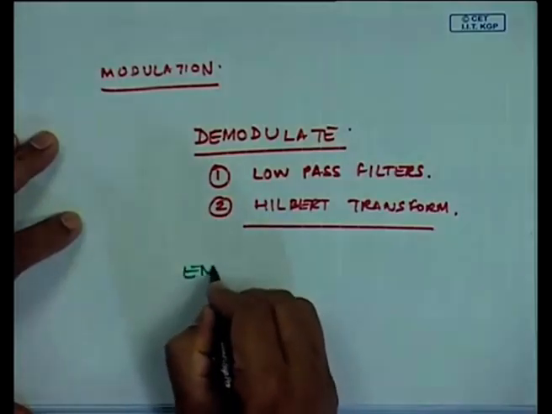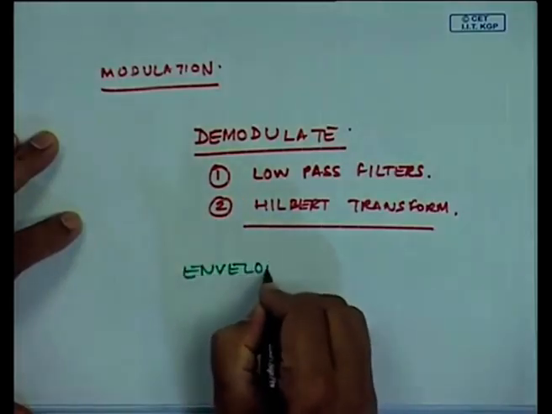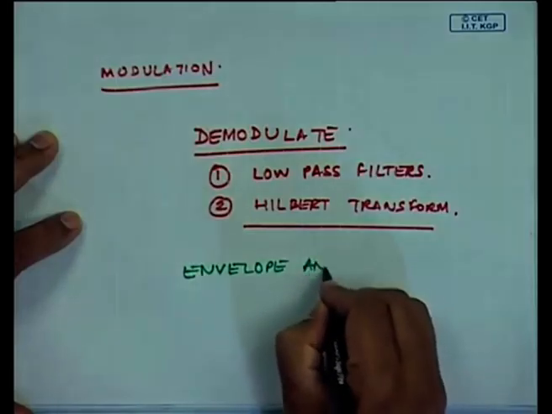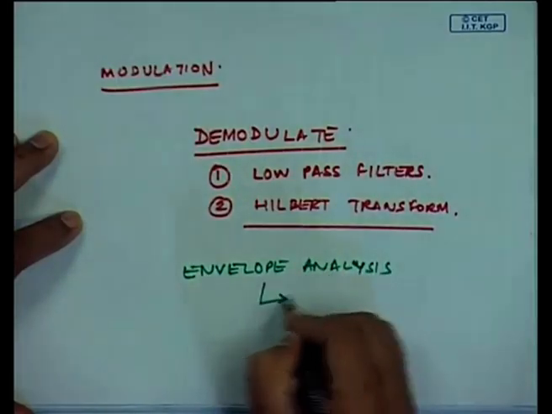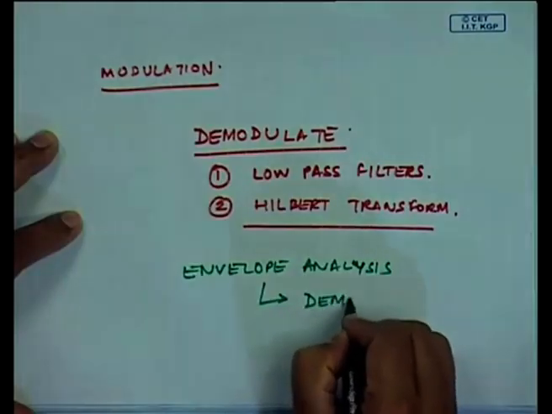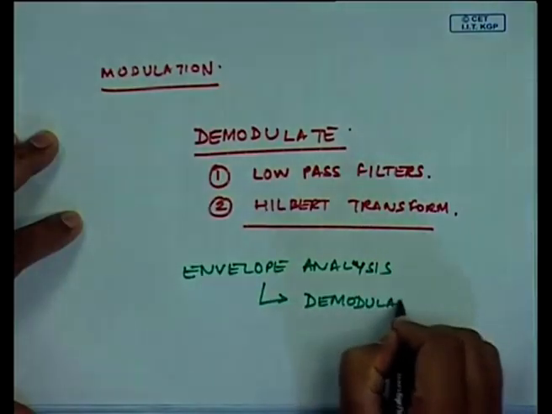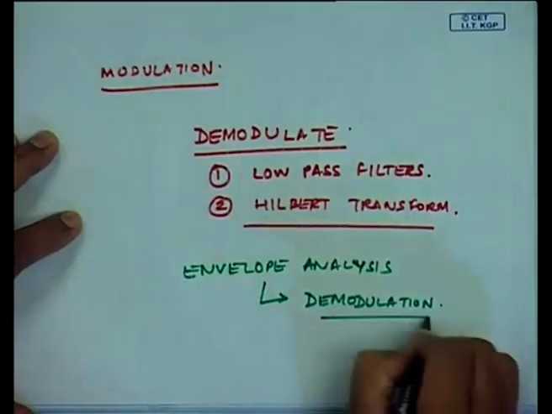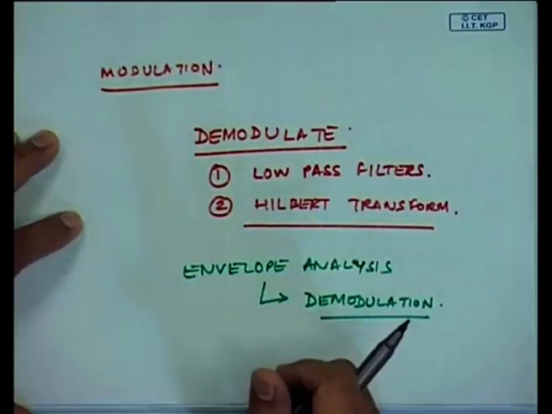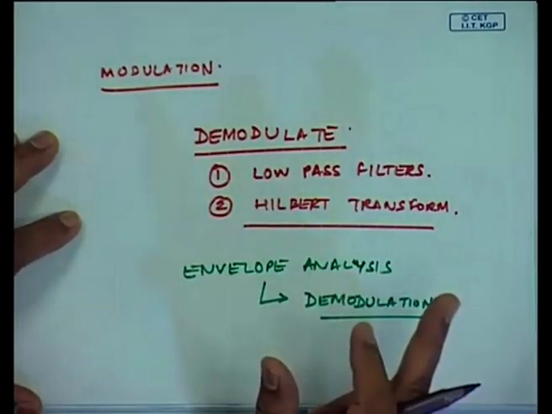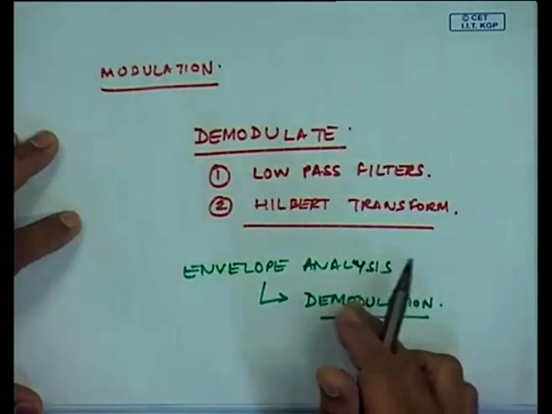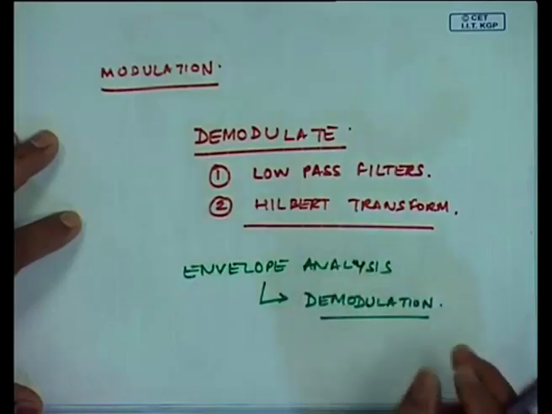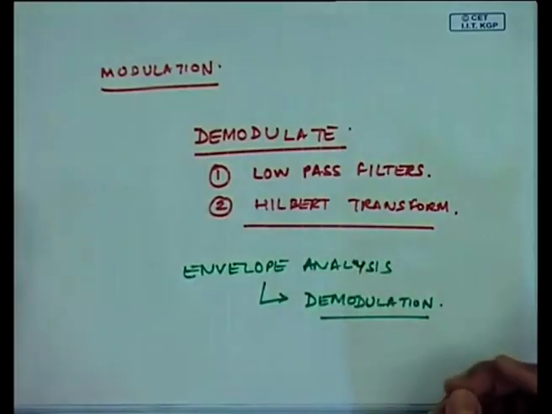So, what we call envelope analysis is nothing but signal demodulation, because I need to find out the low frequency signal which is coming as an envelope. I can demodulate the measured signal, and then I can get the information about the signal.